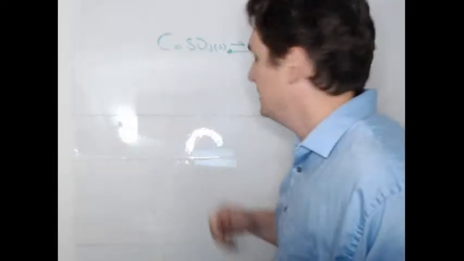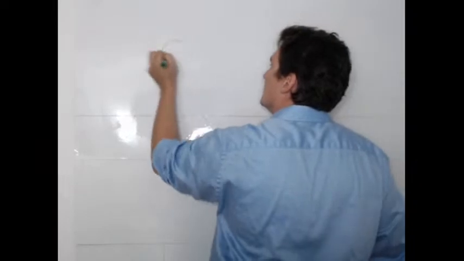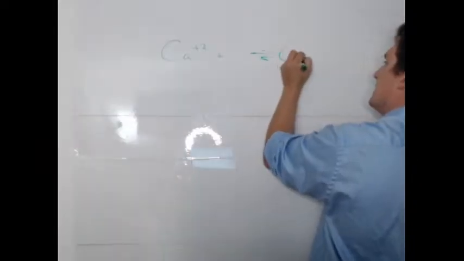So if we've got calcium in hard water, it's Ca plus 2. And we want to add something that will end up giving us some calcium salts.